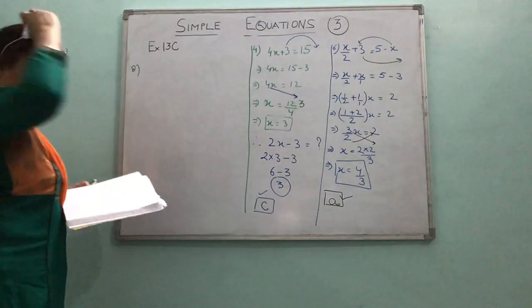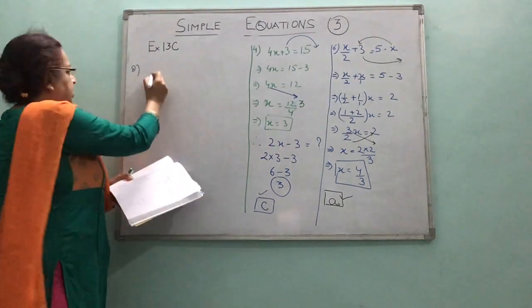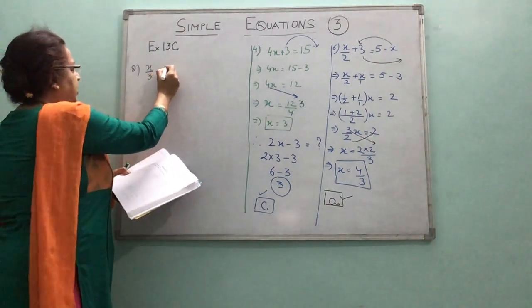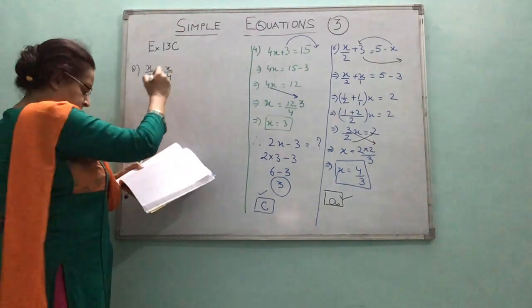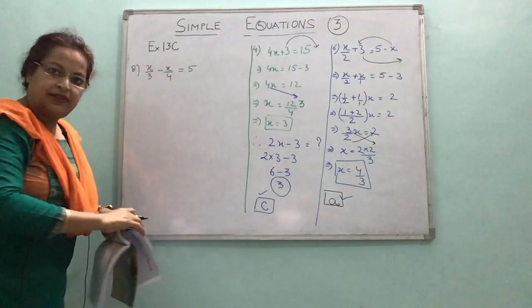Okay. So now question number 8. What does question number 8 say? If x by 3 minus x by 4 is equal to 5, I have to again find the value of x.